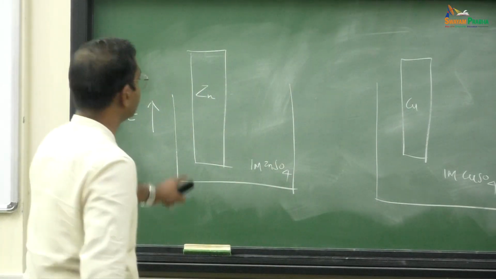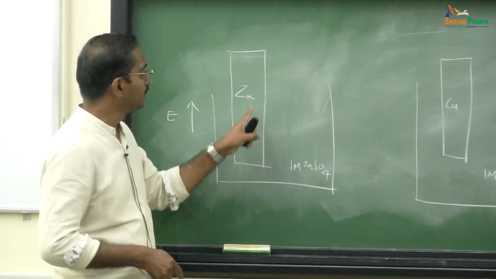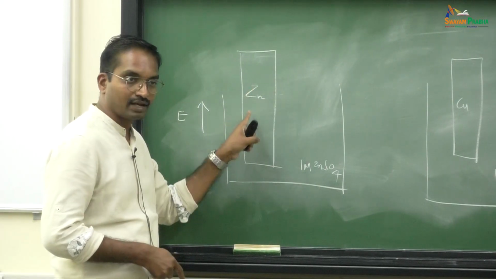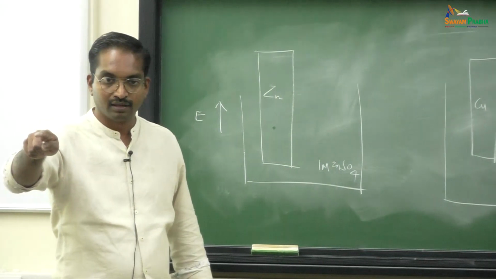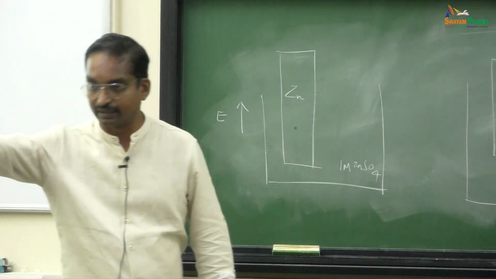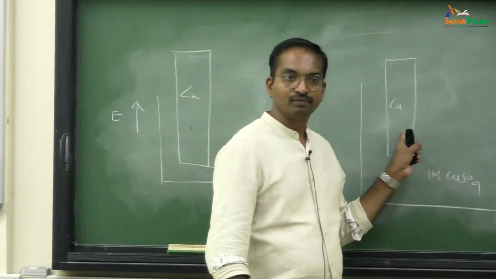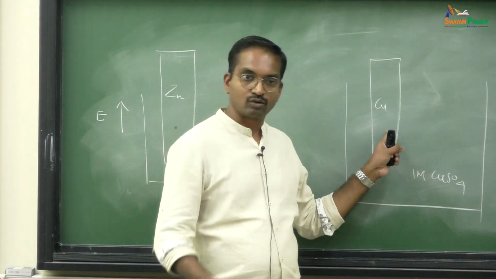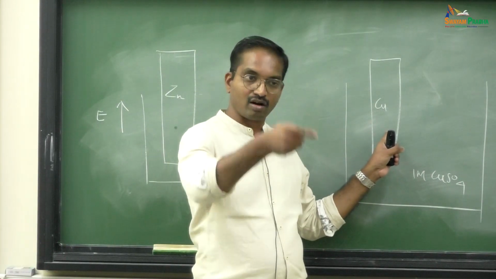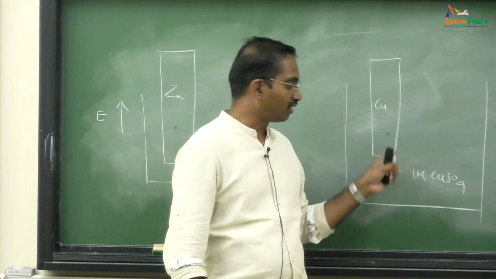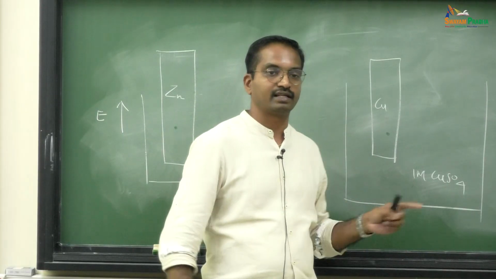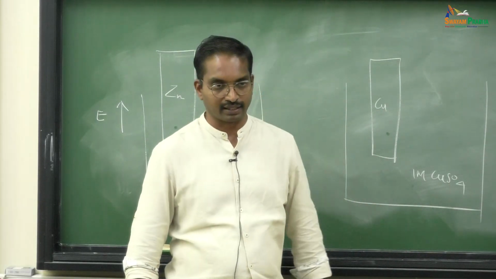Now, I have taken zinc, same situation, the zinc atom on the surface will have less coordination number. This guy is willing to make a bond with its surrounding. Similarly, I have copper, the copper will have less coordination number on the surface. It will also want to make a bond with the surrounding. What I have is an aqueous solution of copper sulfate there, an aqueous solution of zinc sulfate there.